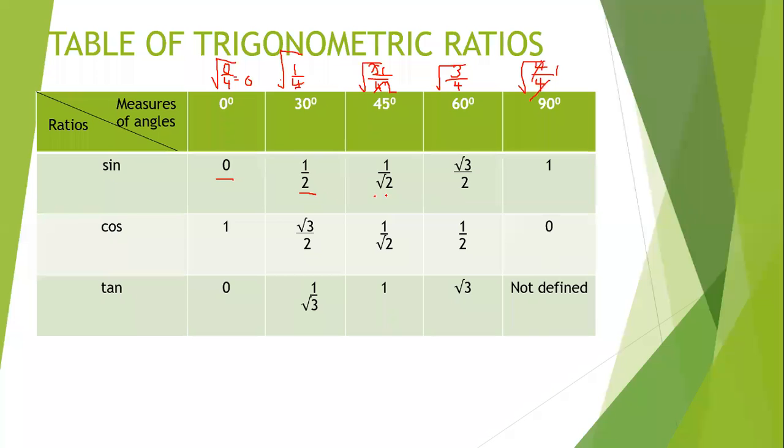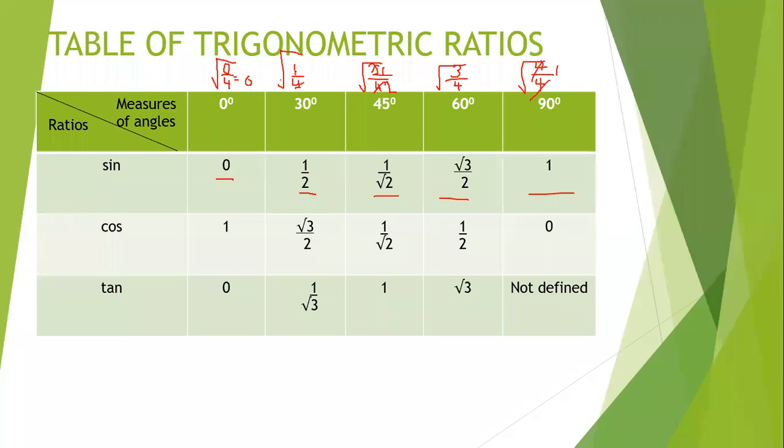So this is one of the ways through which you can remember this first line. What I did: first I wrote 0, 1, 2, 3, 4. My last number was 4, so I wrote upon 4 everywhere. Then put a square root sign everywhere. Then 0 divided by 4 gives 0, and the square root of 0 is 0.